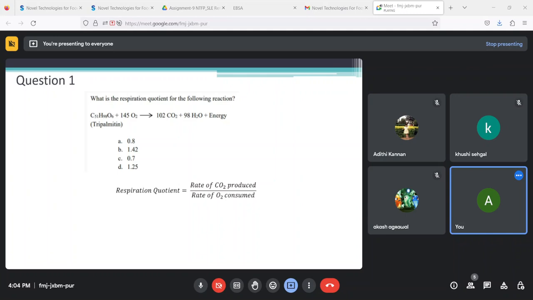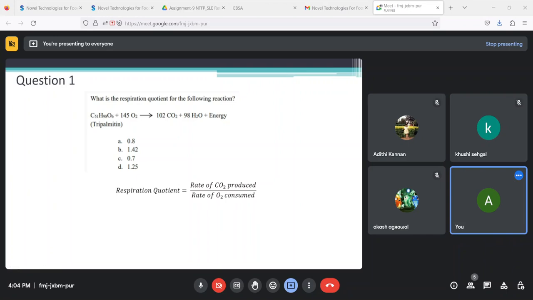So there are multiple substrates, and that substrate along with oxygen is consumed by the organism, and then the resulting products are carbon dioxide, water, and energy. So for any respiration process, the respiration quotient can be defined as rate of carbon dioxide produced by rate of oxygen consumed.